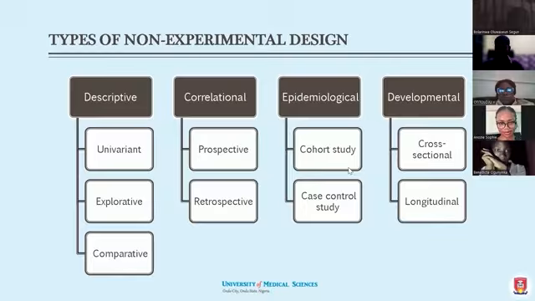Retrospective study tells us about what had happened in the past. All right, here you are seeing the cause or the problem presently, and you want to know what is the cause of the problem.